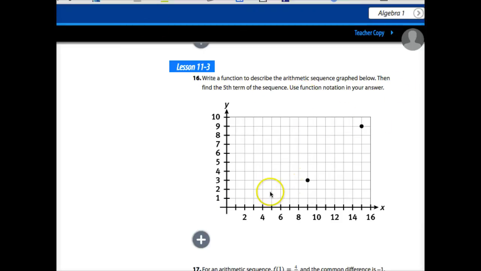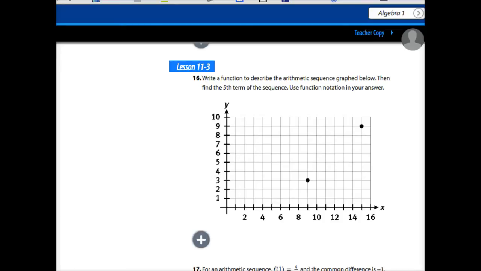So you'll notice on this graph, and I picked this one because it's the harder one of the two that are graphs, they do not show you what a sub 1 is, because that would be when x is 1. They've given you when x is 15, and when x is 9. So what I actually did here is I made this into a problem where I kind of drew a picture.